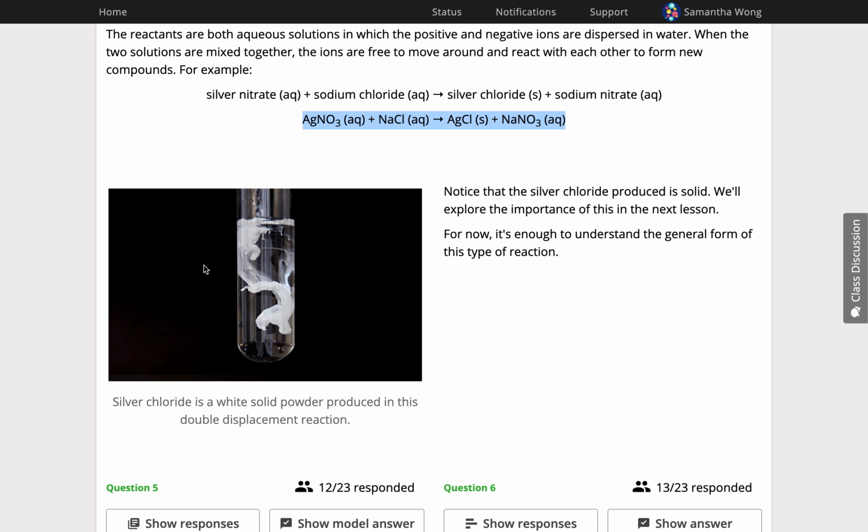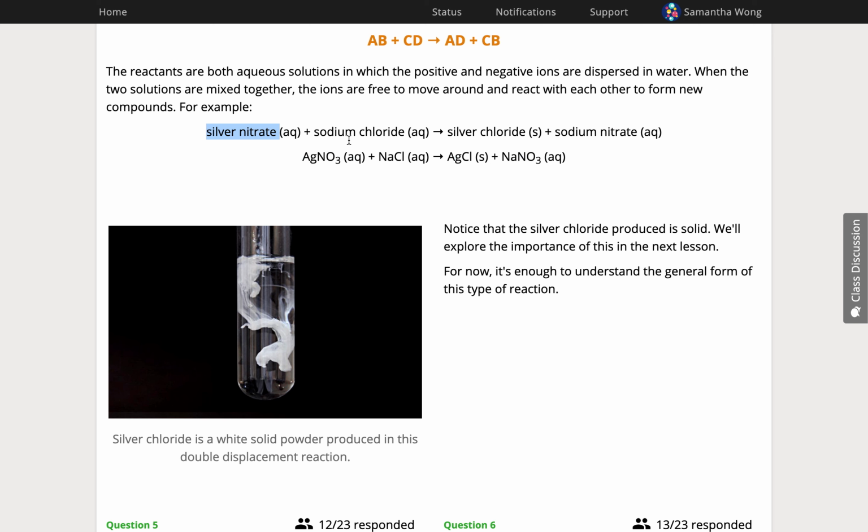If we look at this image on the side here, we can see that silver chloride, which is a white solid powder shown by the little swirl, is produced in this particular double displacement reaction. So the most important thing to take away here is that silver chloride is a solid that's mixed amongst all this other aqueous solution.